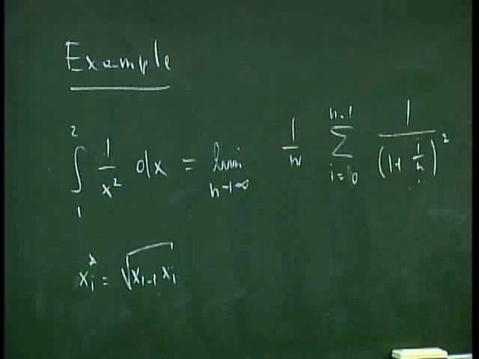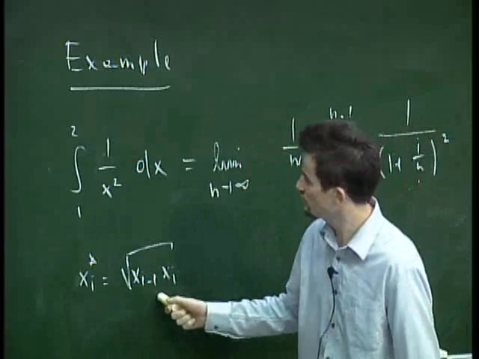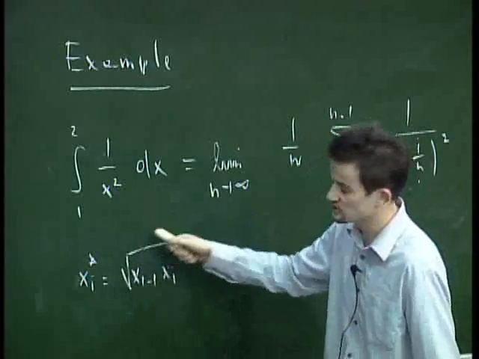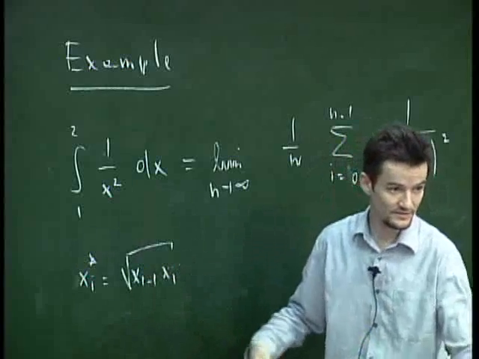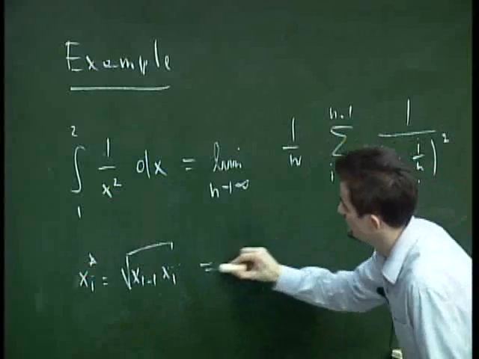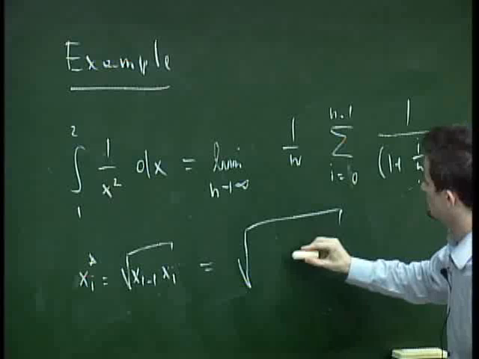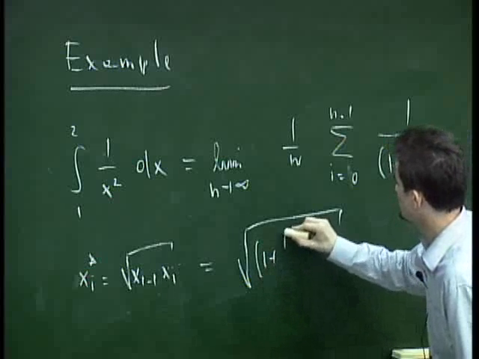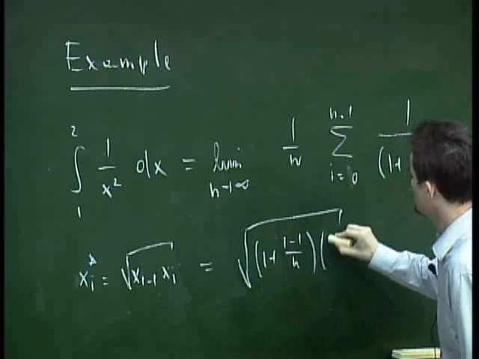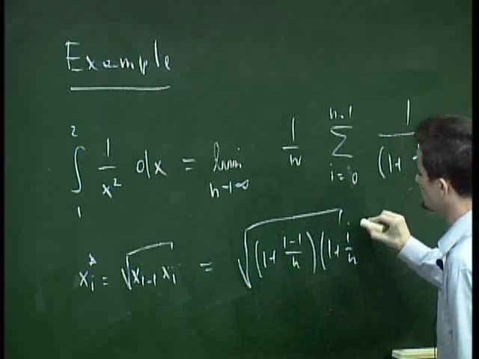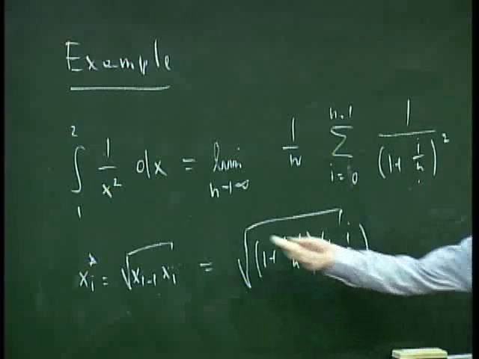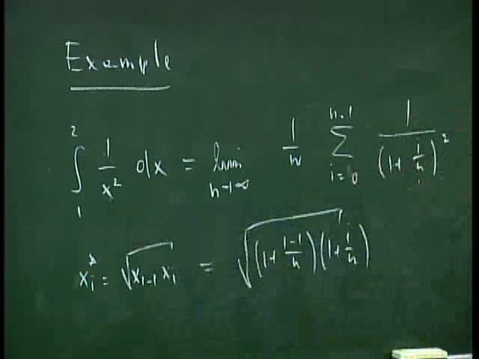The reason why this is a good choice is because you have a square here, and if you choose the geometric mean, it will disappear. So you have the geometric mean of 1 plus (i minus 1) over n and 1 plus i over n. Of course, this looks rather complicated, but taking this function into account, it gets easy.